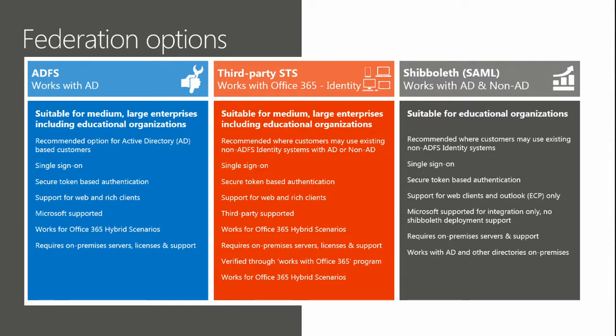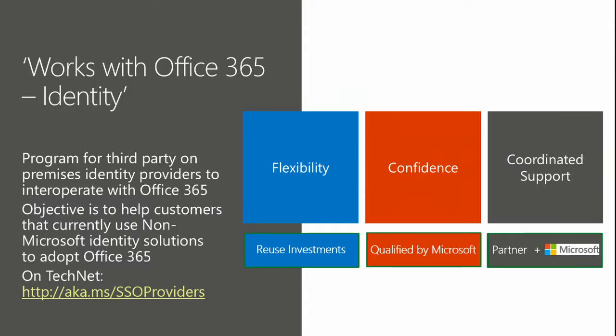Also, third-party STSs are an option for federation, and we have a program called Works with Office 365 Identity, where Microsoft has engaged with certain identity providers and done testing with those identity providers connected to Office 365, such that Microsoft can qualify those identity providers and support Microsoft customers who are using Office 365 when they are working with those identity providers.